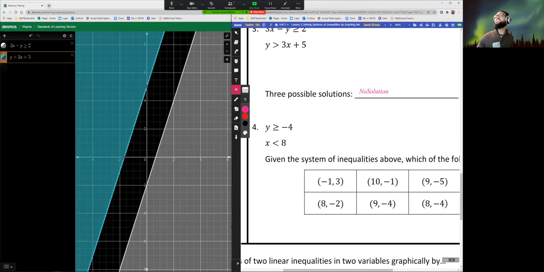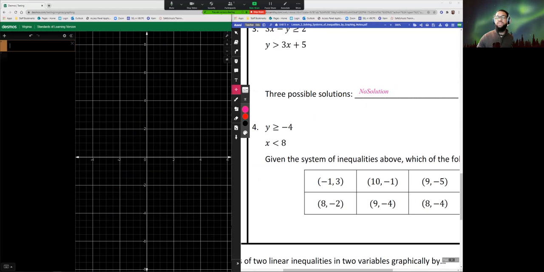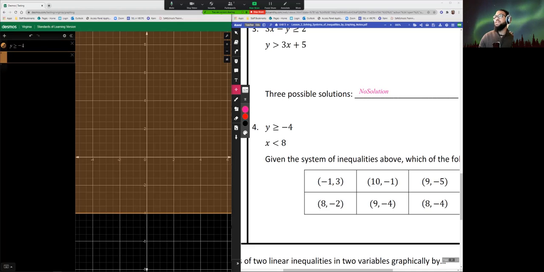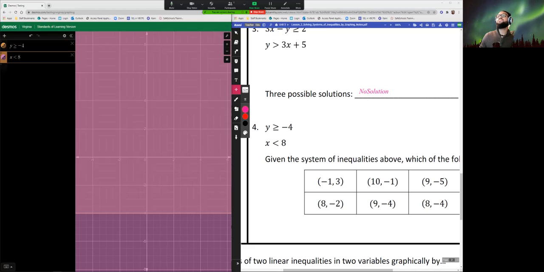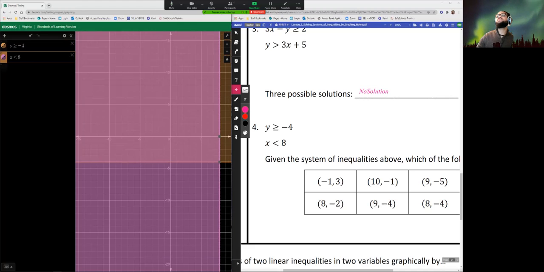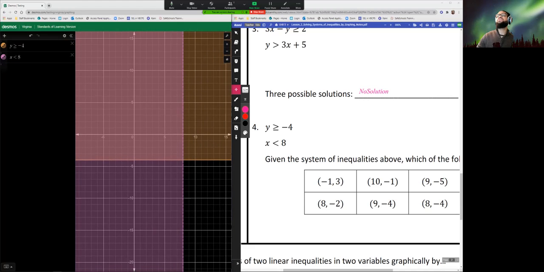So my system is y is greater than or equal to negative 4, and then x is less than 8. Had to zoom out of my Desmos graph a little bit.